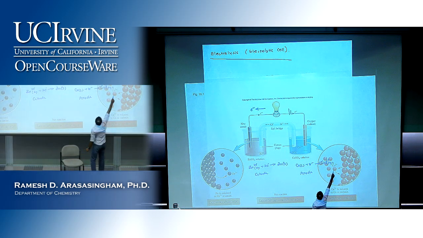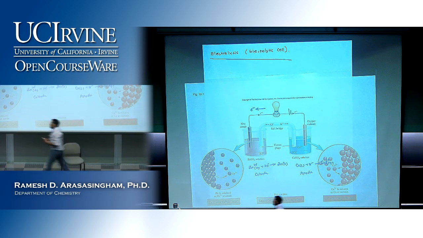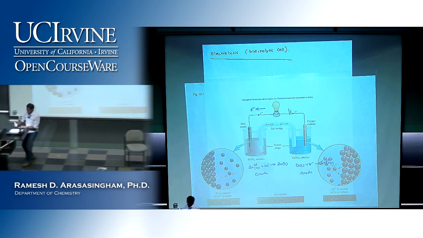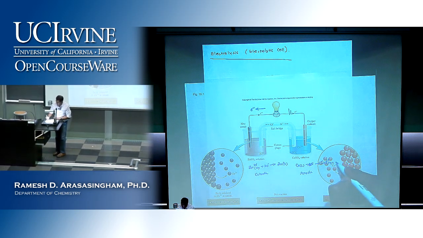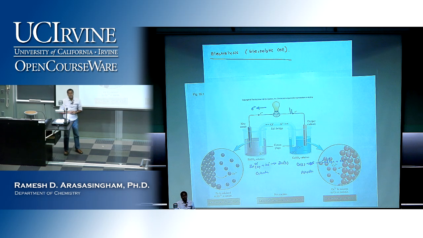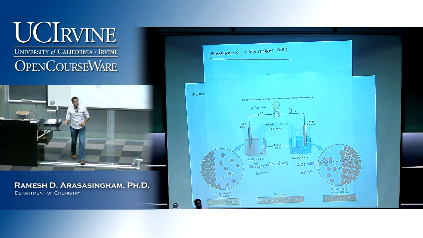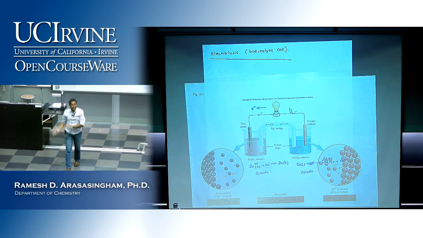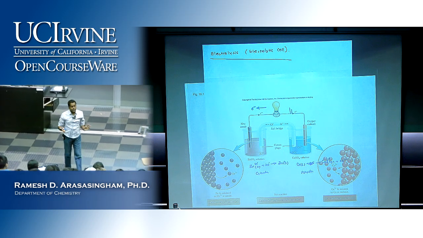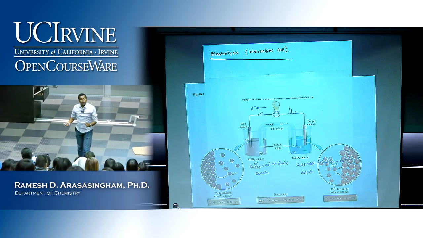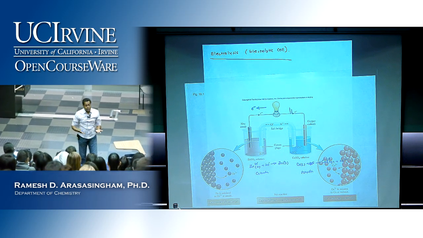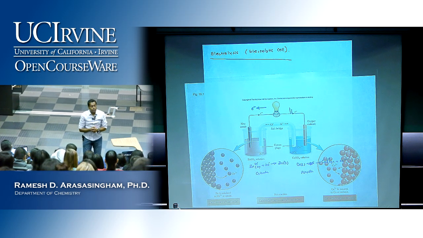Yes, I'm sorry. Yes, you're right. Okay? So here, I'm writing so fast, I'm not paying attention. All right? So on this side, it becomes the anode. So what was cathode becomes the anode, and vice versa.